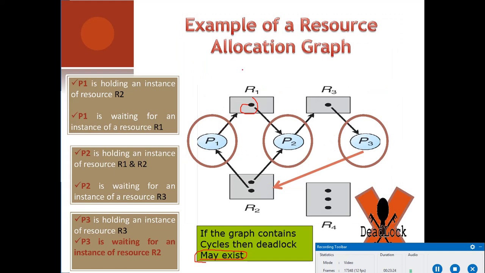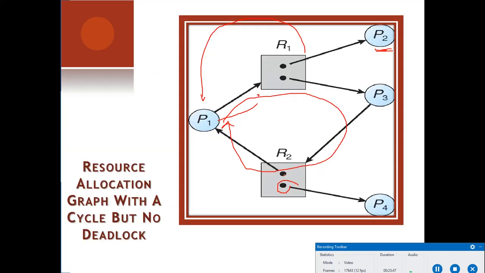If I go here, resource R1 and resource R3 have only one instance. Only resource R2 has two instances. So if a resource has one instance and there is a cycle in the graph, there will be a deadlock. But if there is a cycle but there are resources with multiple instances, there may be a possibility of a deadlock.